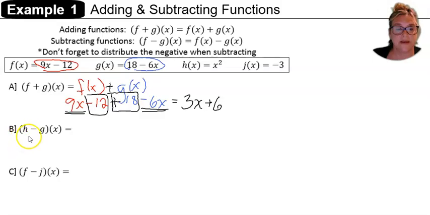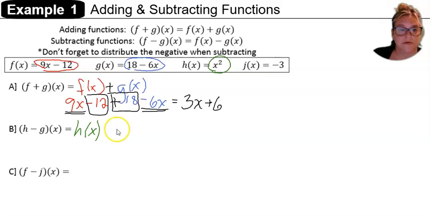Okay, in example B, we have the function h minus the function g in terms of x. So I'm going to go ahead and use green for h of x. And then we're going to subtract the function g of x, which is blue. So h of x is x squared.